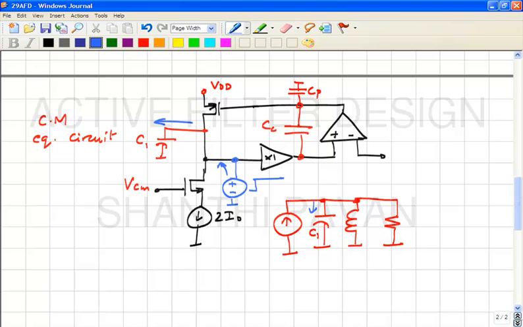What other, where else can other currents flow? There cannot be a current flow like this, correct? Because it's a voltage controlled voltage source. There cannot be a current flow like this, because it's a current source there. Okay, the only other component of current is the one that's being pumped by the PMOS transistor, right? The PMOS transistor's current can change only when its gate source voltage changes. The source voltage is fixed.